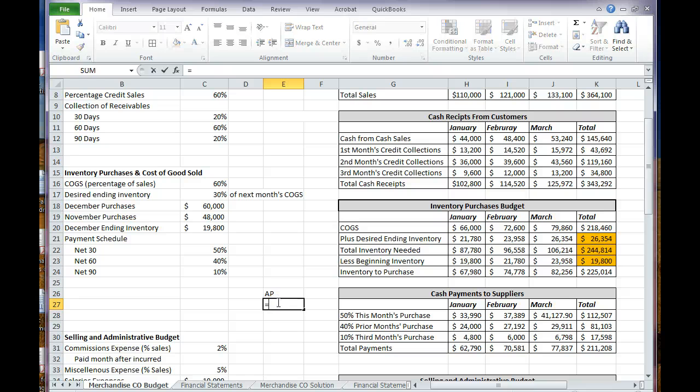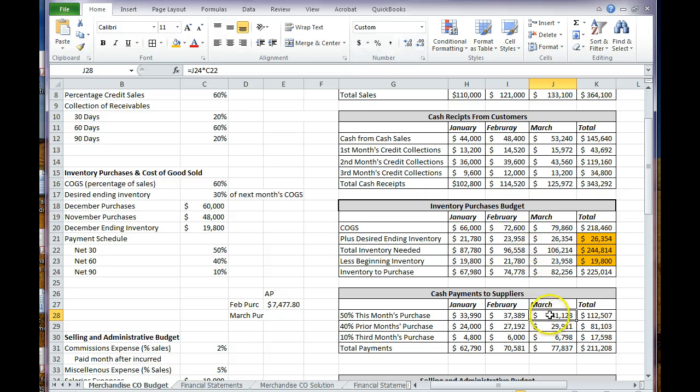So what we do is we take 774 times 10%, and we'll call that February purchases. And then we also bought some stuff in March that we haven't paid for yet, right? We bought $82,000 worth of stuff. We get rid of those decimals.